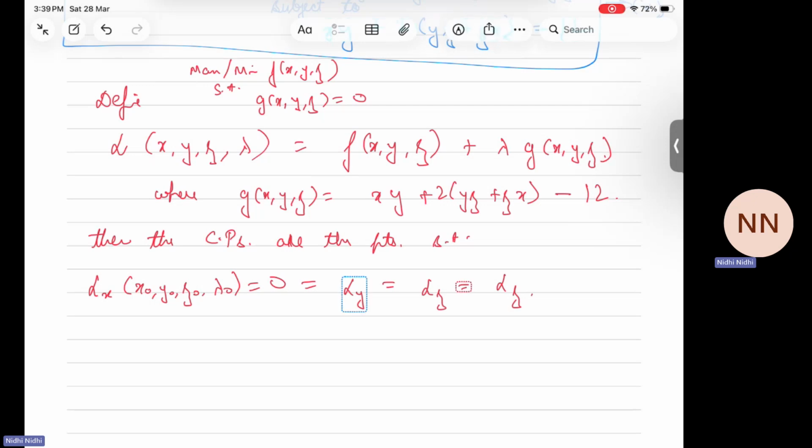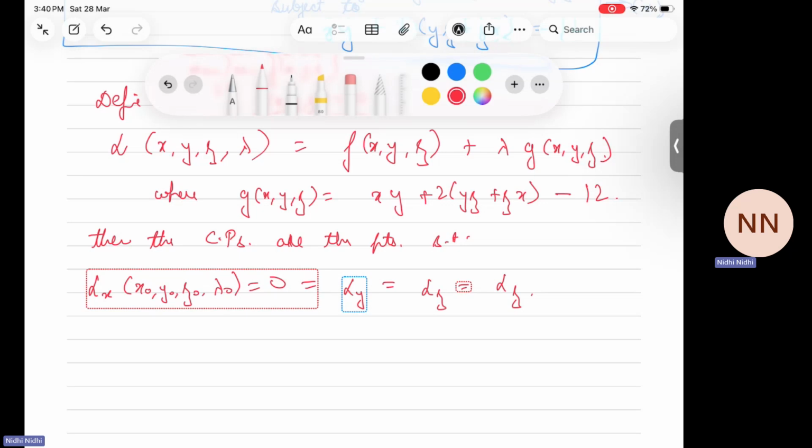Basically, we need to look for points x naught, y naught, z naught, and lambda naught, such that all these partial derivatives are 0, and in fact we get maximum or minimum on these points only. So we need to find these points x, y, z, and the value of the function at these points. Only these points will give us either maximum, minimum, whatever that's possible.